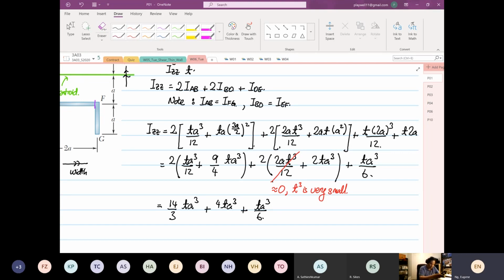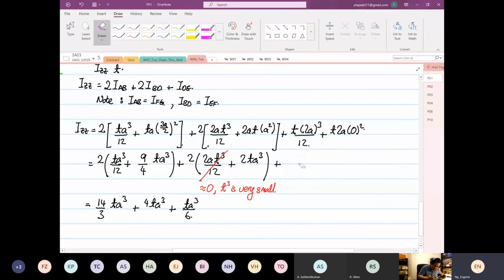So 1 over 12 plus 9 over 4 times 2. So 14 over 3 is correct. Okay, then I get, sorry people, careless mistake. Today I'm not right.